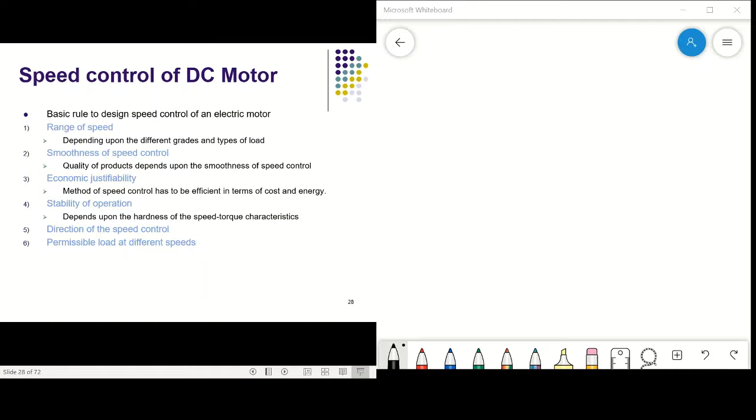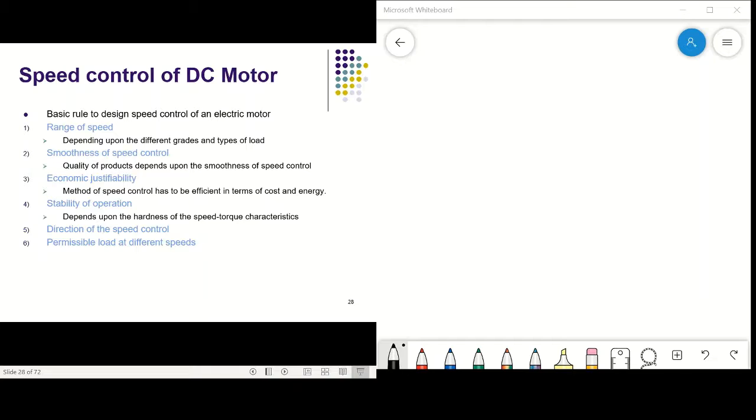Depending upon the different grades and types of load, maybe you want to run the load at the low speed, at the medium speed, or at the high speed. Ataupun you nak run the motor pada wide range. Maksudnya sistem you boleh run pada paling rendah speed yang dia boleh pergi and then paling tinggi.